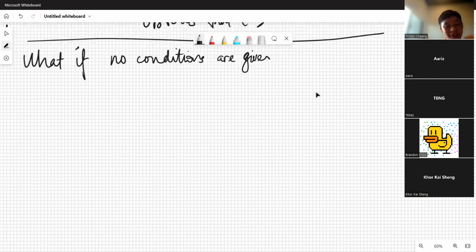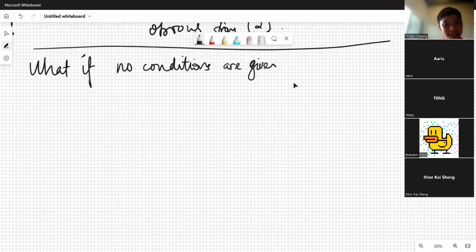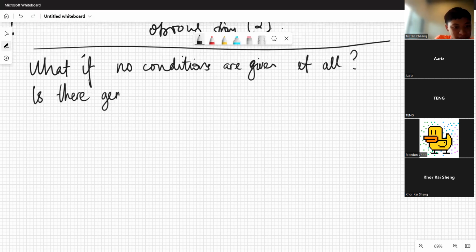So let's just talk about this case. What if no conditions are given at all? I mean, apart from the actual Cauchy equation. So is there a general way? Is there a general solution to the Cauchy equation?